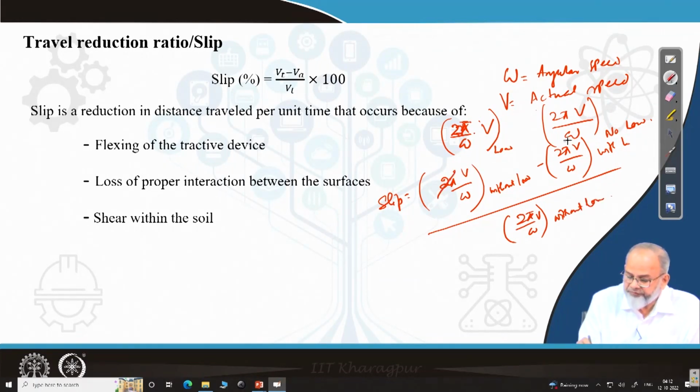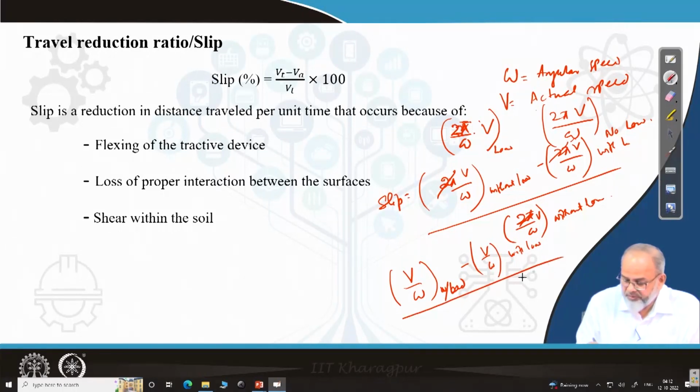If I cancel out 2 pi, then we have V by omega without load and V by omega with load, divided by V by omega without load.